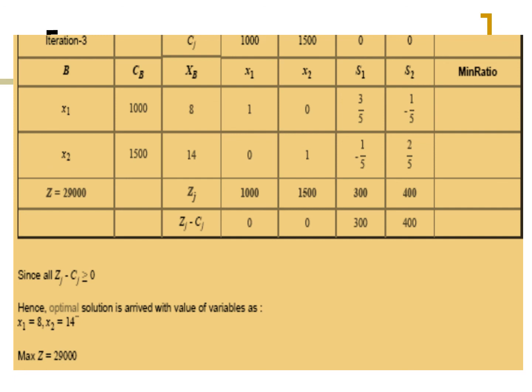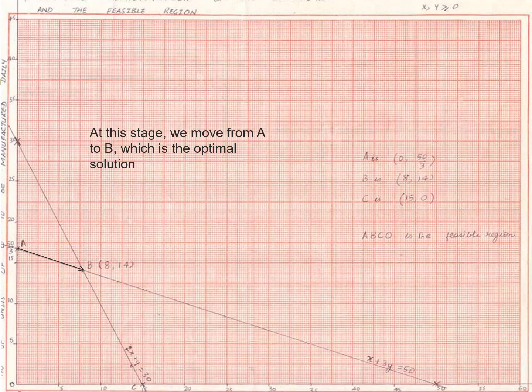And the contribution towards Z from X1 is 1000, towards Z from X2 is 1500, which is nothing but the Cj. Z value is 29,000, and in the base you will see that x1 and x2 are there taking values 8 and 14. As the optimal solution is arrived and the variable values are 8, 14, maximization of Z has taken place at 29,000. Again, to the graph.